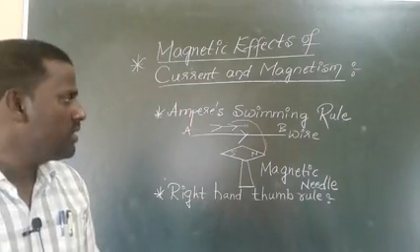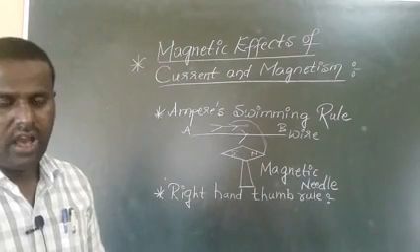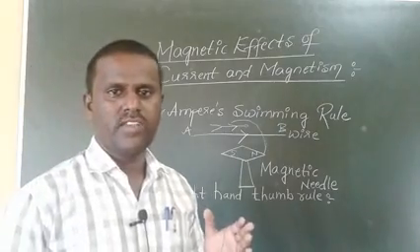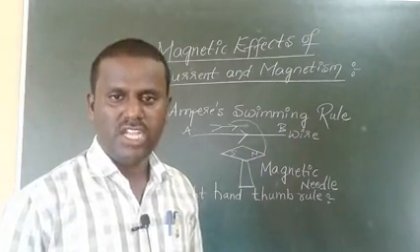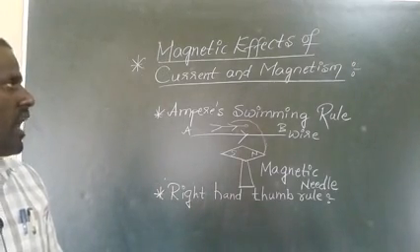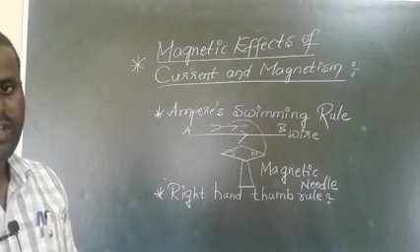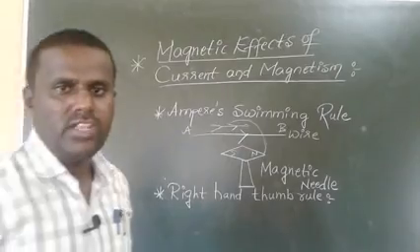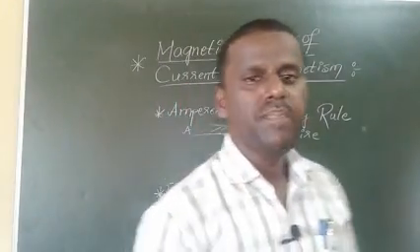The space around a current carrying wire where a metal experiences a force of attraction or a force of repulsion, that region is known as magnetic field. Magnetic field is usually denoted by capital B.